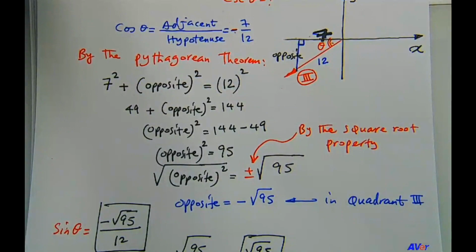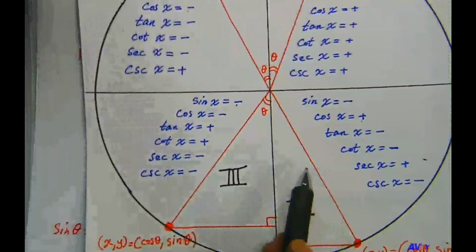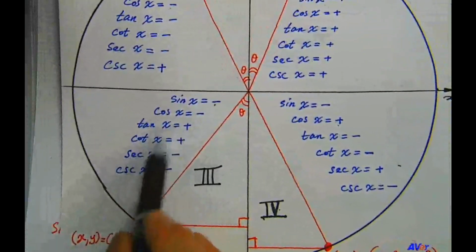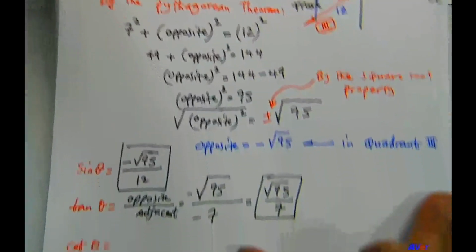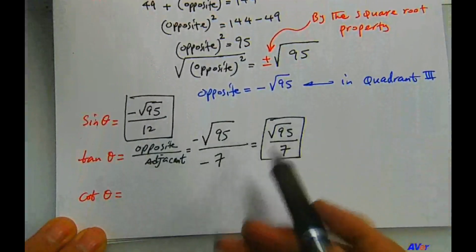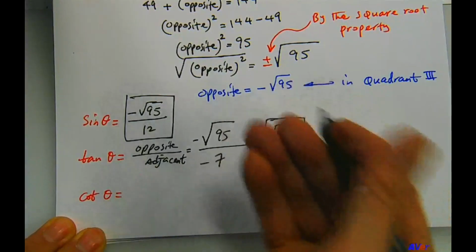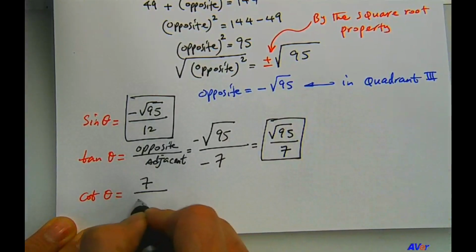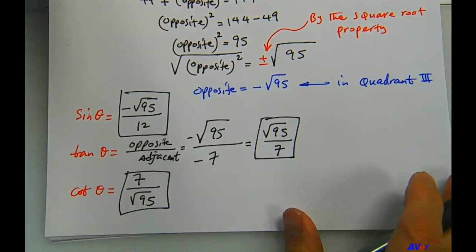So what we would expect to see looking at this drawing, right? The cotangent and tangent in the third quadrant are positives. Okay? So this would be just the reverse of that. Once we know the tangent, we know the cotangent. It's just the reciprocal of that. So 7 over square root of negative 5.